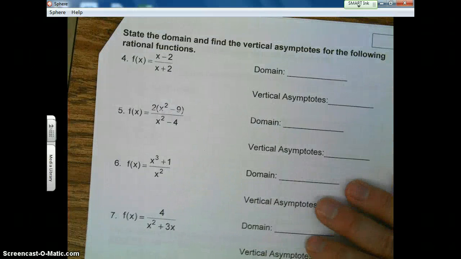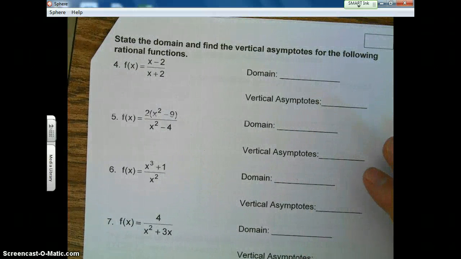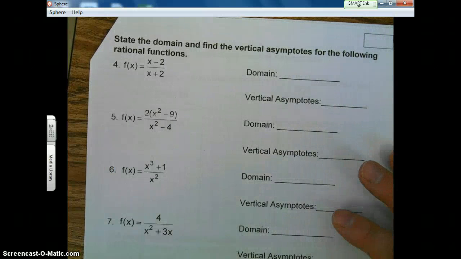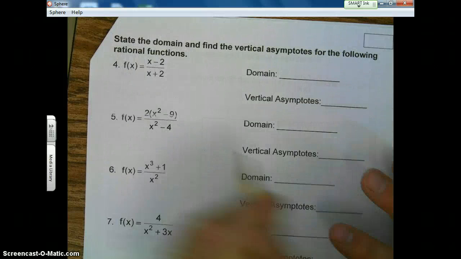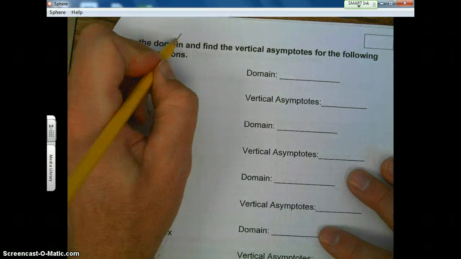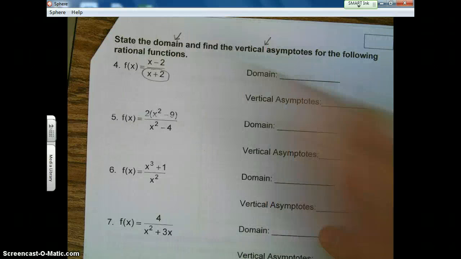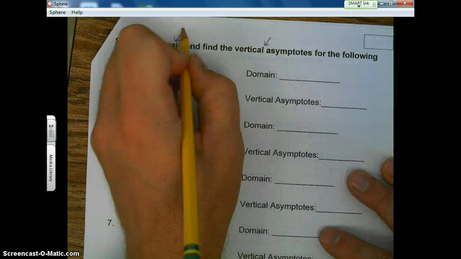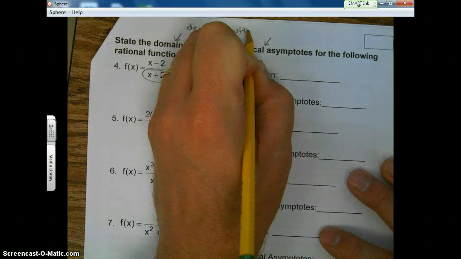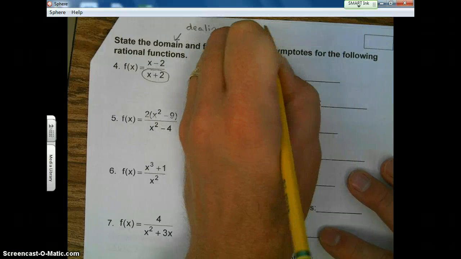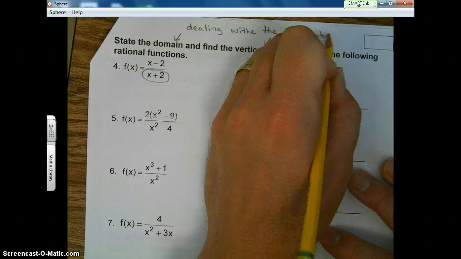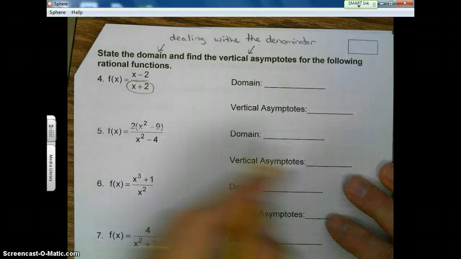All right, moving on. It says state the domain and find the vertical asymptotes for the following rational functions. So first off, we're dealing with the denominator when we're looking for the domain and when we're looking for the vertical asymptotes. Okay, here we go.